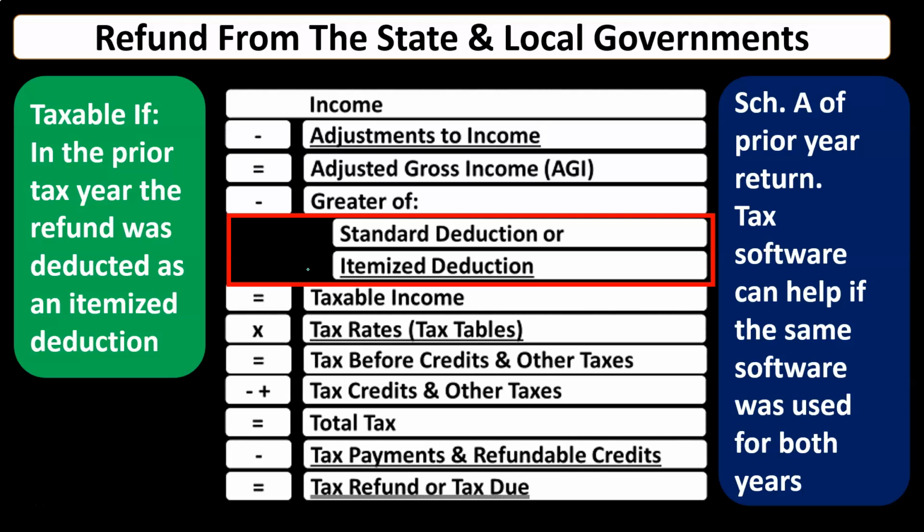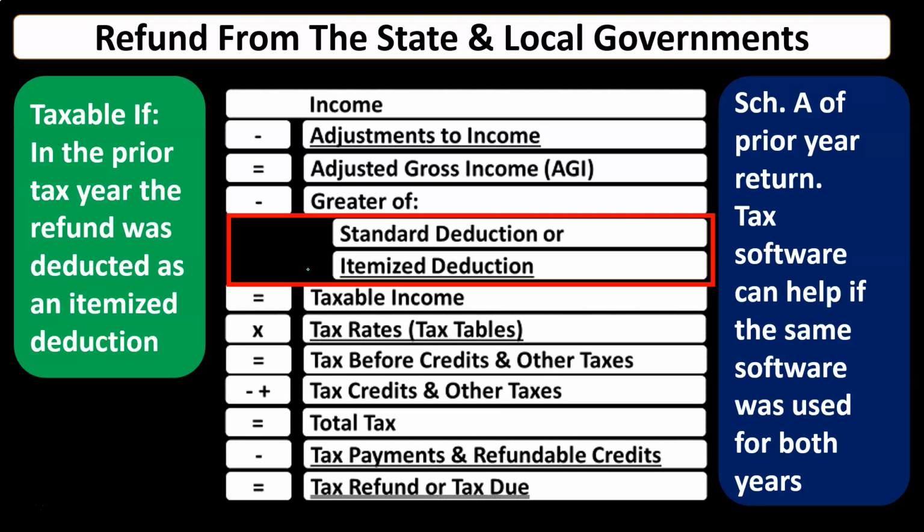And if you're just entering the data directly into the current year, then you're going to have to make this determination as to whether or not the state tax should be included in income. The general rule is this: if they're not itemizing this year, they probably didn't itemize last year. If they didn't itemize last year, it's not going to be included in income because they didn't get a benefit from it. If they did itemize last year, most likely the entire thing would be included in income.